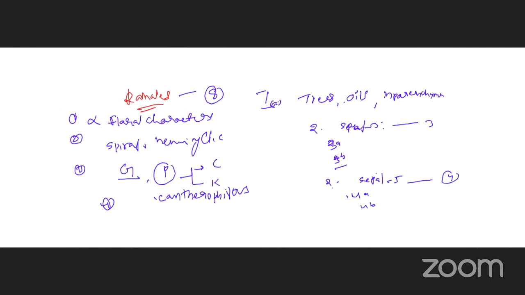In 3A, stipule present, sepals 3, stipule present, endosperm not ruminate. So that is the Magnoliaceae family. Same, sepals 3 here also, stipules absent, but endosperm ruminate. That is the Annonaceae family.